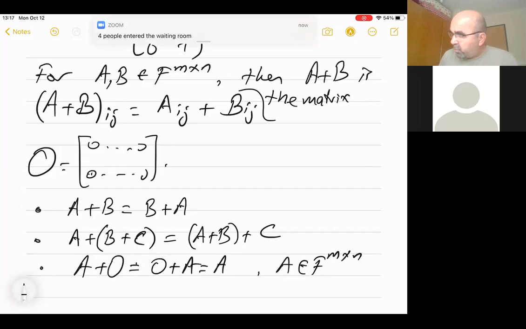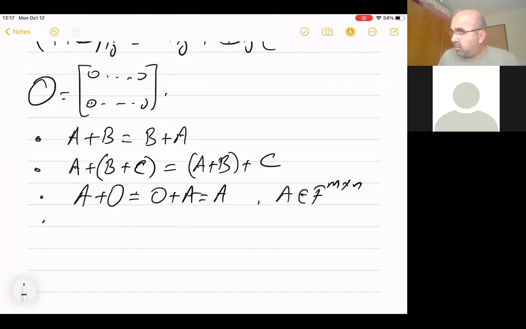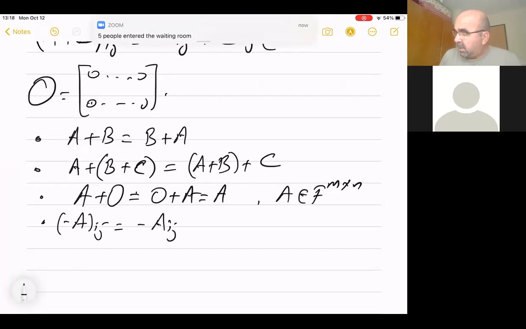And for a given A, let's say minus A_ij, suppose it is defined as minus A_ij. In this case, A plus minus A is 0.